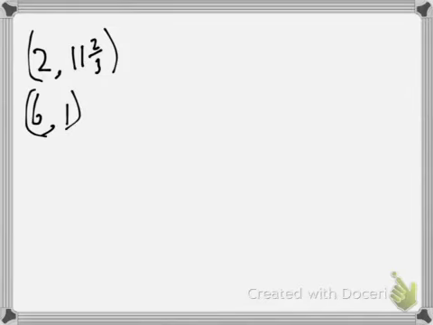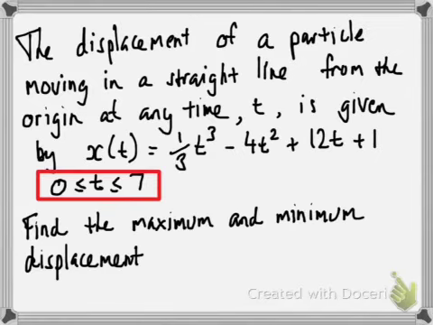We've got these 2 points. We've got 2 comma 11 2/3, and we've got 6 comma 1. I want to link now back to the original question, which said find the maximum and minimum displacement. It doesn't mention the time, just the displacement.